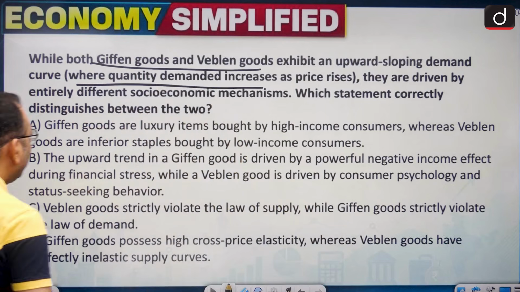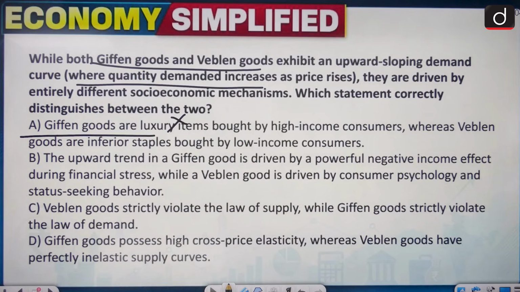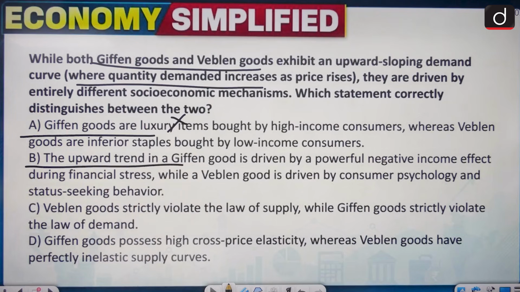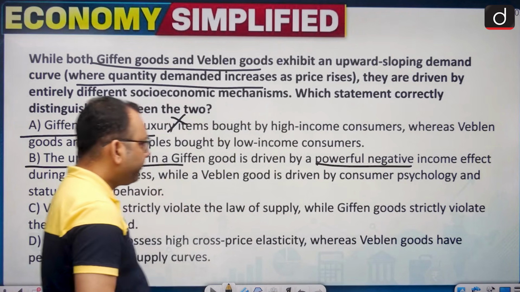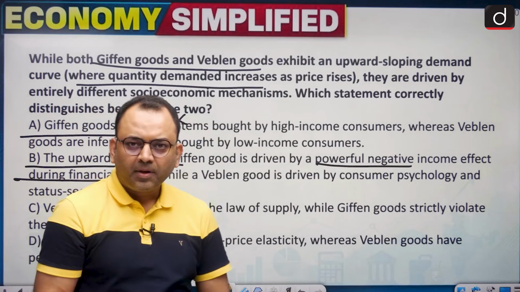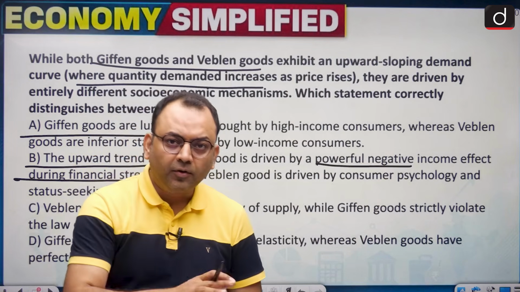So Giffen goods are not luxury items, right? The upward trend in Giffen goods is driven by a powerful negative income effect. This looks okay. In stress, people tend to fall back on those goods because other goods have become much costlier.